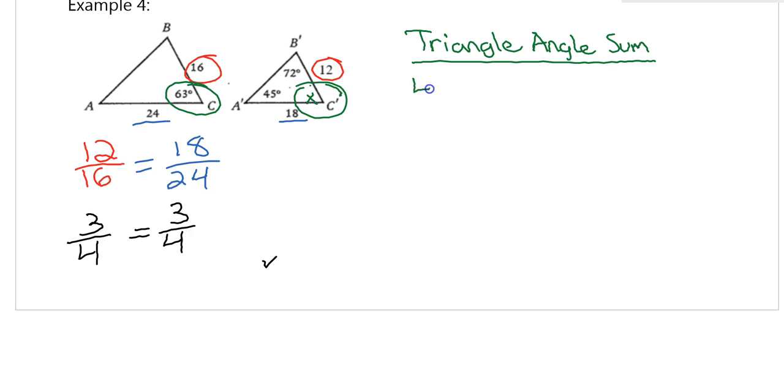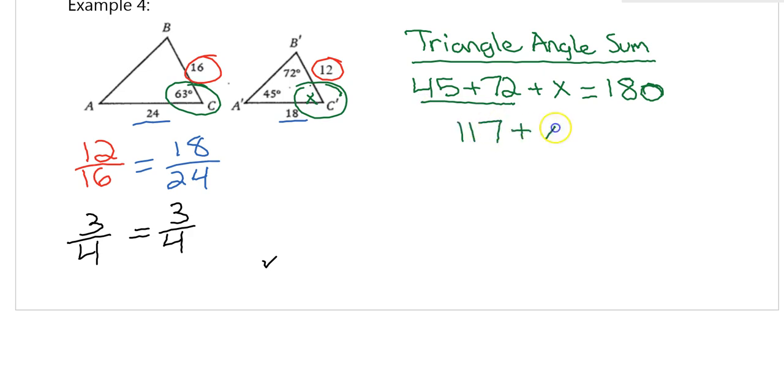So I have 45 plus 72 plus x has to equal, right, all triangles add up to 180. 45 plus 72, these are on the same side, so I just combine them. 117 plus x equals 180. 117 and 180 are on opposite sides, so I do the opposite. 180 minus 117 is 63 degrees.